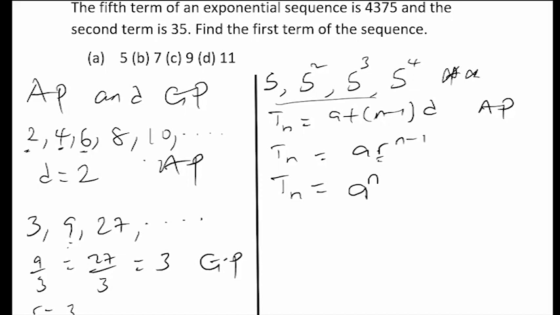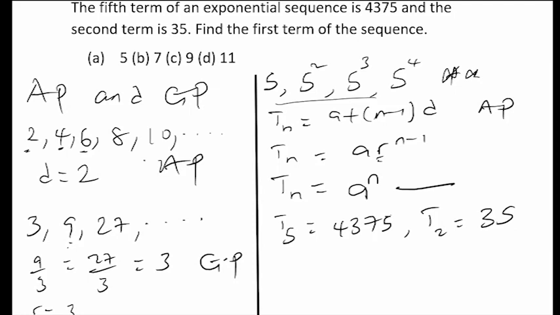So using this expression, we can now solve this. We're told that the fifth term is 4375, so T5 equals 4375, and the second term, T2, equals 35.